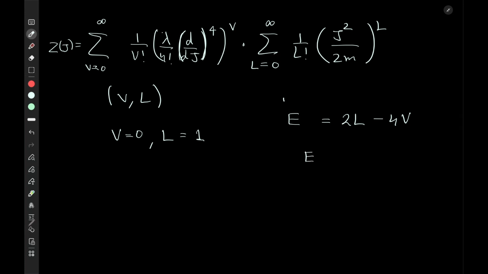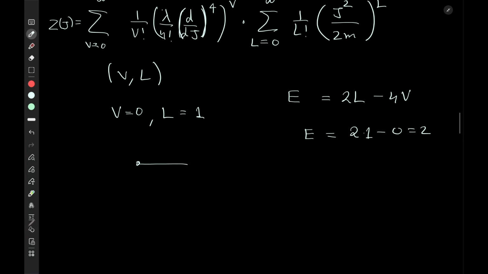And the total number of sources, this E which stands for external, should be thought of as the total number of sources in that diagram. So the total number of sources would be 2 times 1 minus 0, which is 2. So that graph looks like this. There are 2 sources as promised, there is no vertex, and there is only one line, which is this.